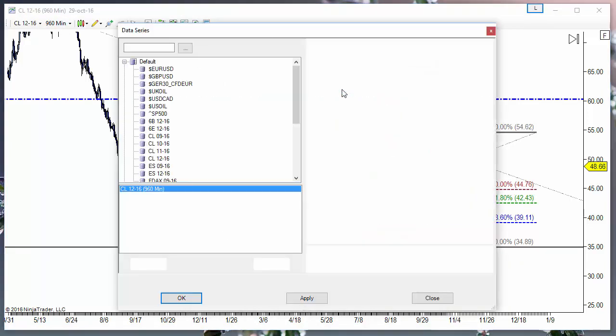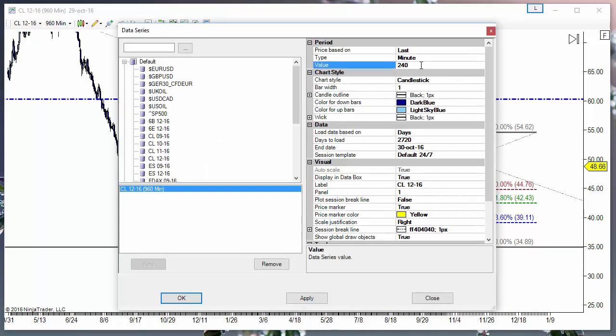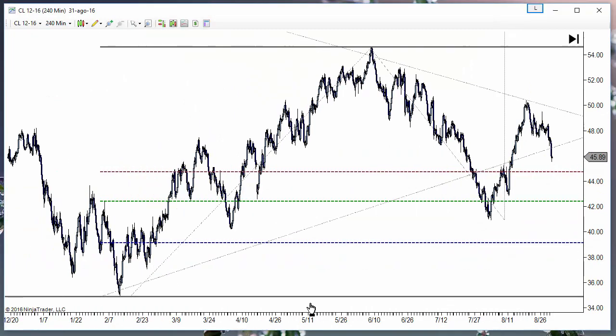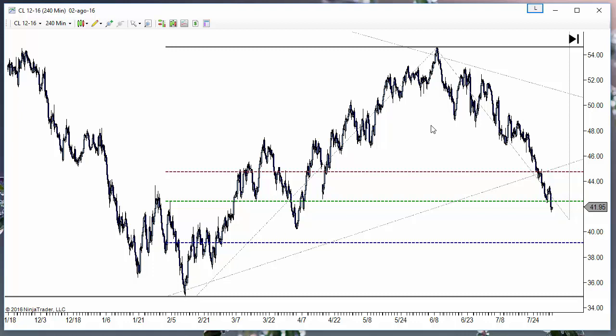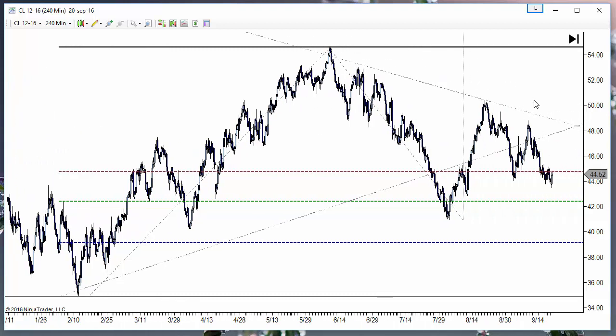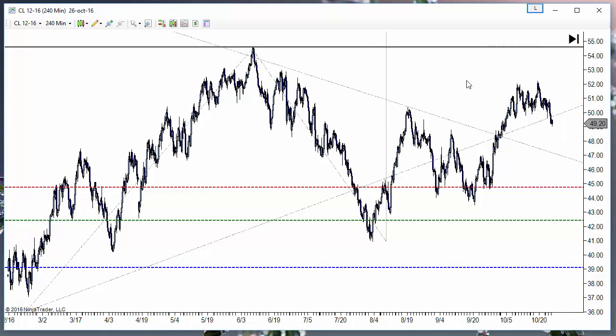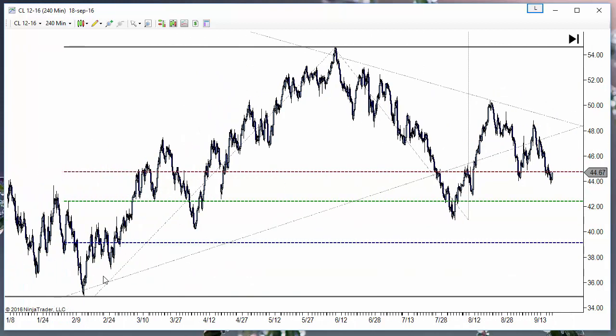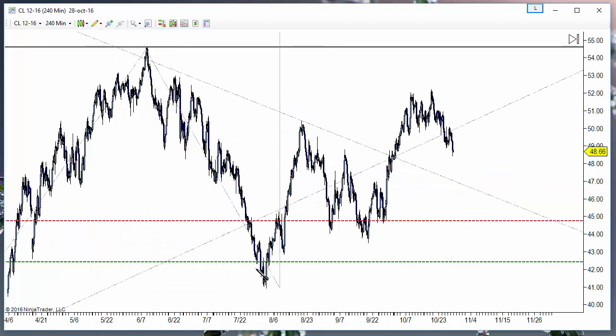Now we can go to a faster time frame, and the first thing we can see is that after the low, the market is going to the upside, so we can also calculate a projection to the upside.